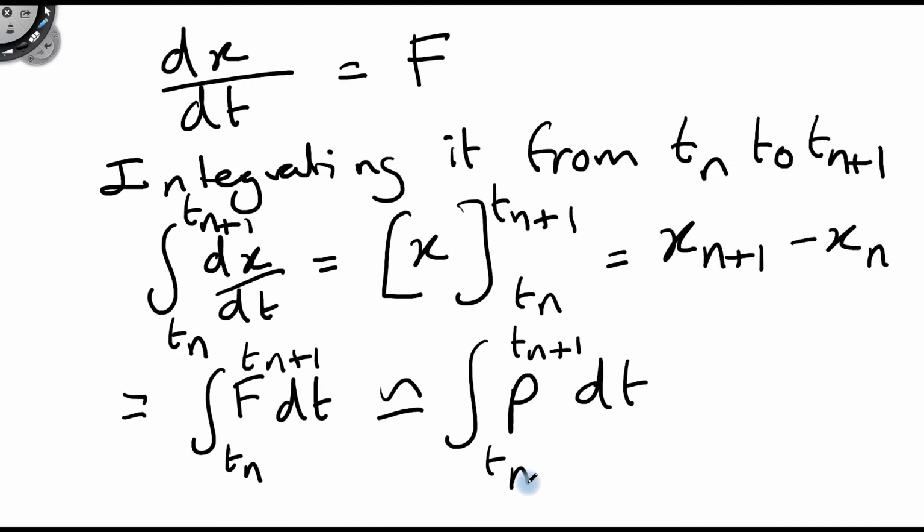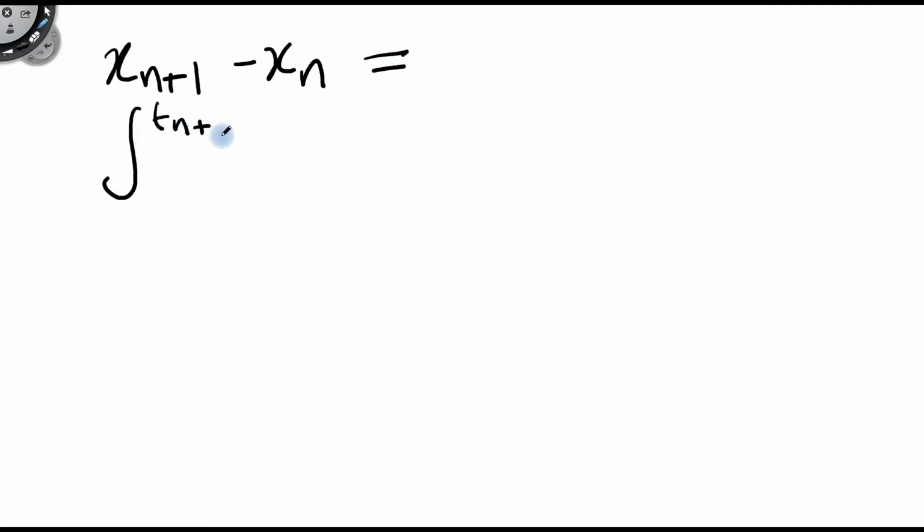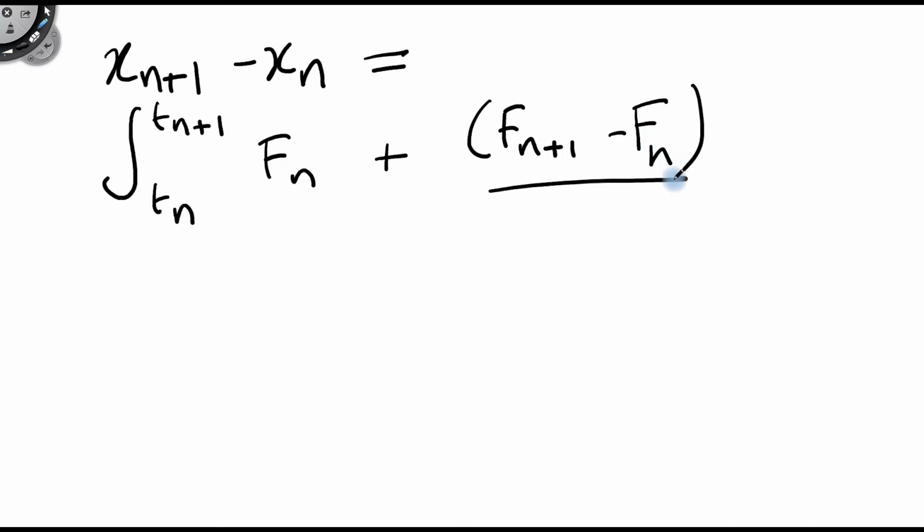So we substitute in our expression for the polynomial, and we have x of n plus 1 minus x of n equals, let me use the new line, the integral from t of n to t of n plus 1 of f of n plus f of n plus 1 minus f of n on delta t times t minus t of n dt.